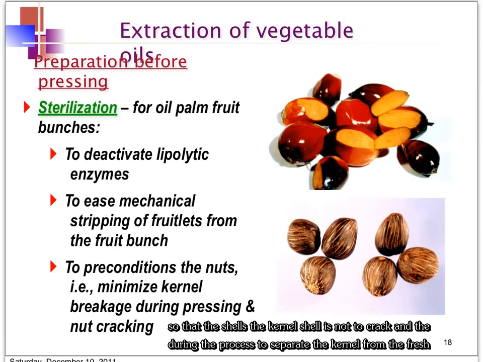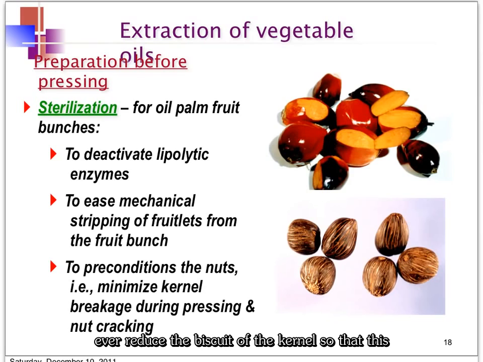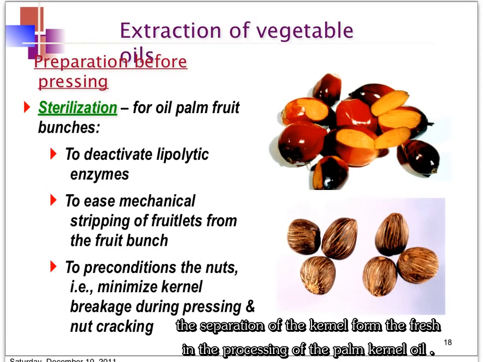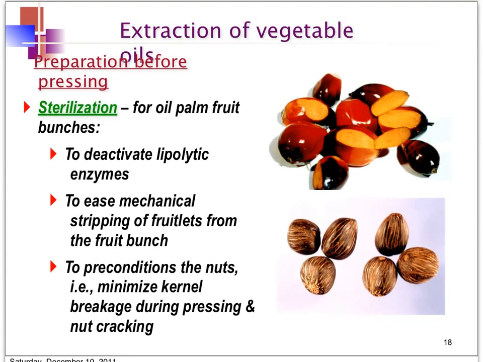During the process to separate the kernel from the flesh, it will reduce the breakage of the kernel, which facilitates the separation of the kernel from the flesh in the processing of palm kernel oil.